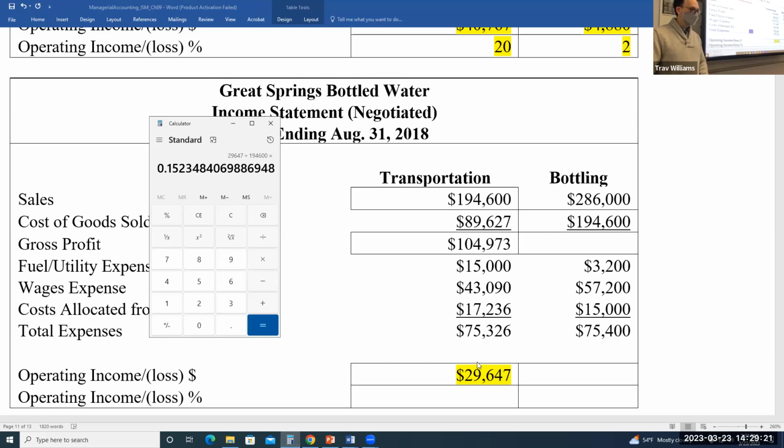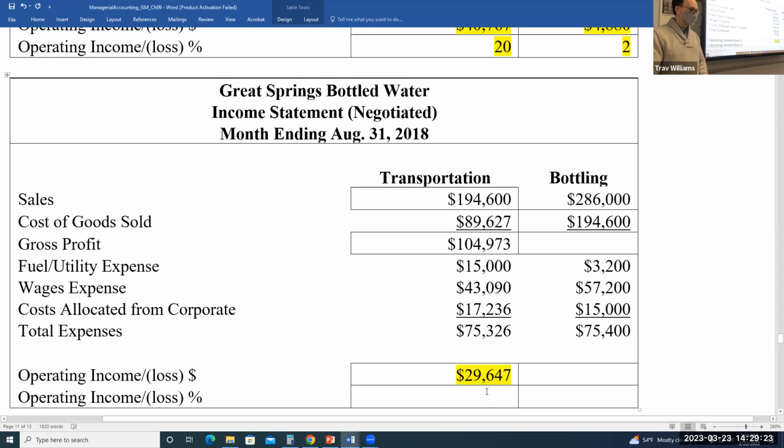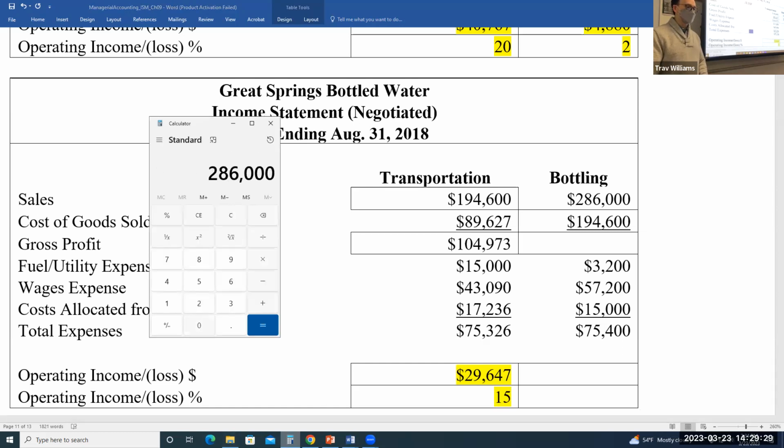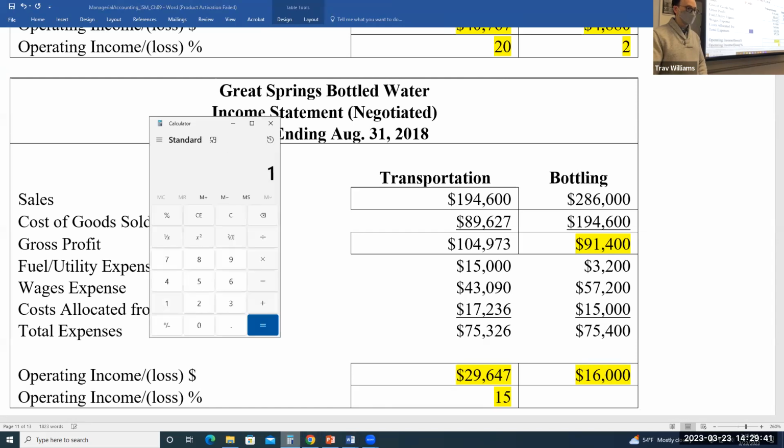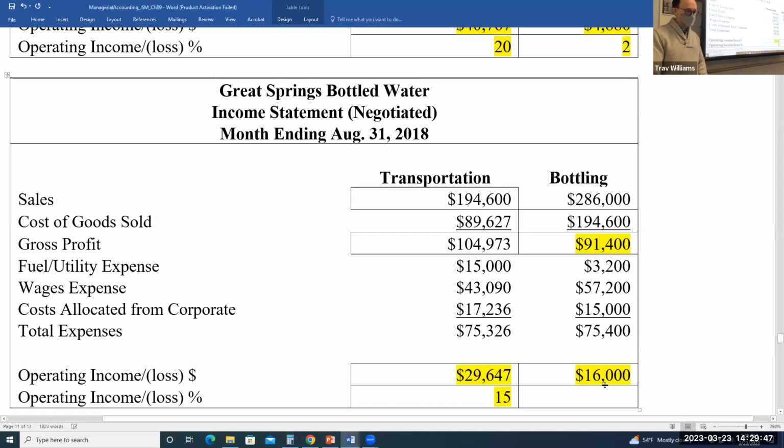So it looks like 15% operating income for transportation, and 6% for bottling.